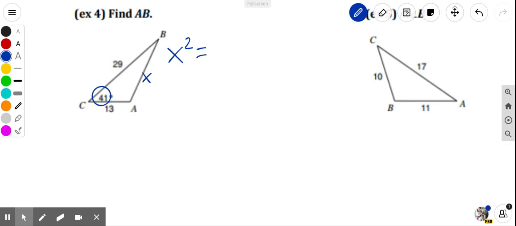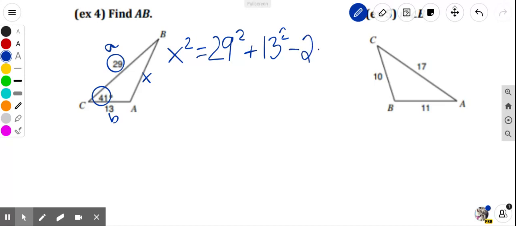Okay, x squared equals. The next thing that you'll see in the equation, I'm just going to use the top one, how it says a squared equals b squared, c squared, whatever. Or you know what? I guess I'll use the c one. So it's c squared, this is like your c, equals a squared plus b squared. So this would be a squared, this would be a, and this would be b. So you're going to set up, if you follow the equation, it's a squared plus b squared. So it's going to be 29 squared plus 13 squared minus 2 times a times b times cosine of c.